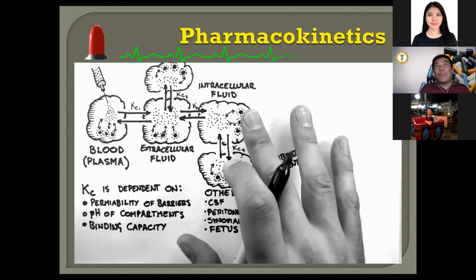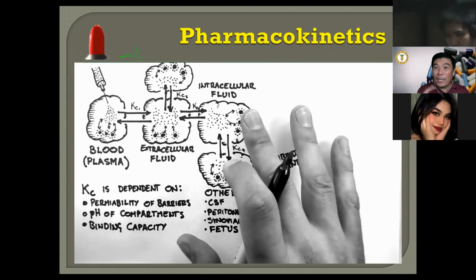Remember when we discussed the buccal? Can you still remember the buccal route of administration? Yes. In the buccal route, absorption is primarily dependent on the level of pH so that the drug could be effectively absorbed. Yes or no? Yes.